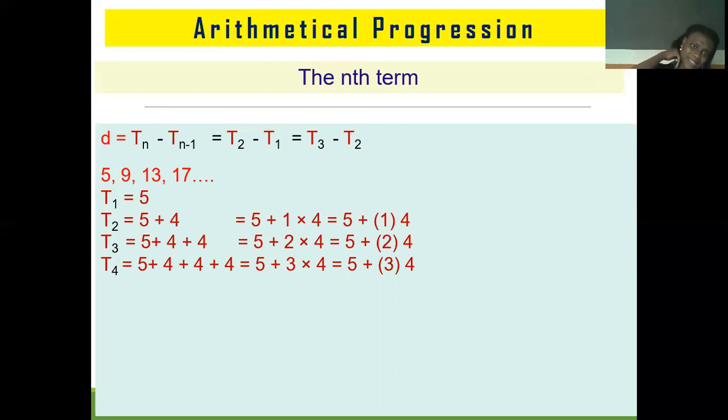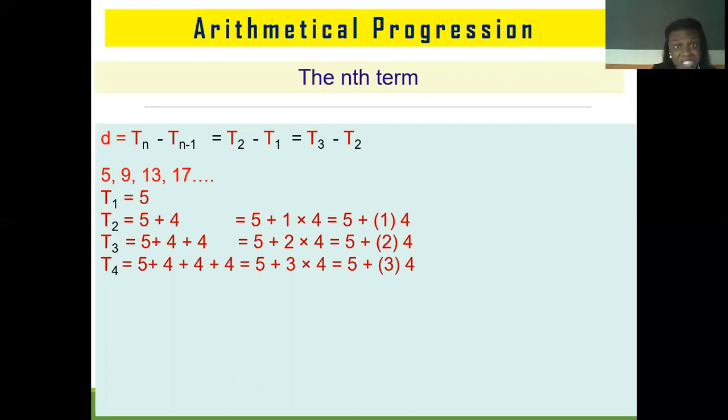Now, if you notice a pattern, you'll see that 5 is common to everything, right? And 5 is our T1, which is also called A. We use A. That means it's the first term. The first term is T1 or A. So you can see there's 5 in everything. And then you can see that we have 4 in everything, right? Apart from the first term, we have 4 everywhere else.